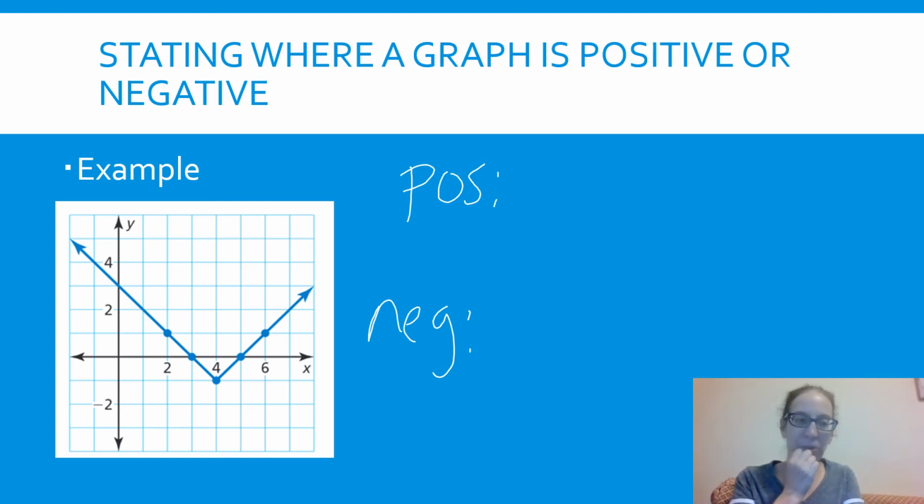So we're going to employ color in helping us to see where the graph is positive or negative. So using the yellow highlighter, above the x-axis would be this piece and also this piece over here. And then we'll use a green highlighter, and this would be our negative piece. Okay, so don't overthink that.